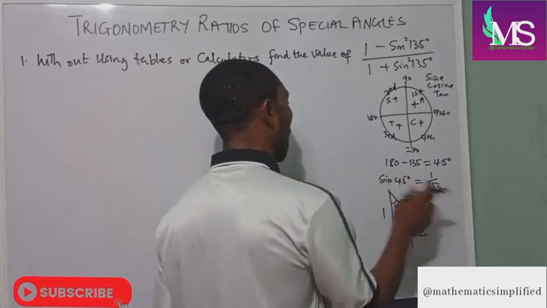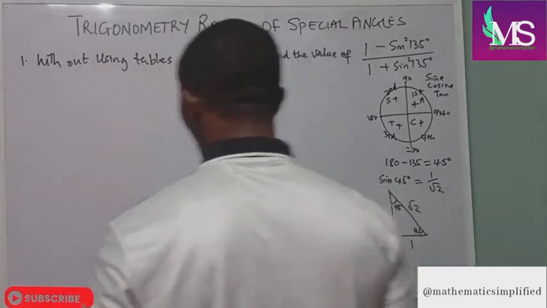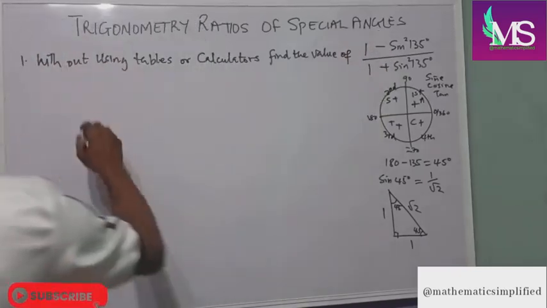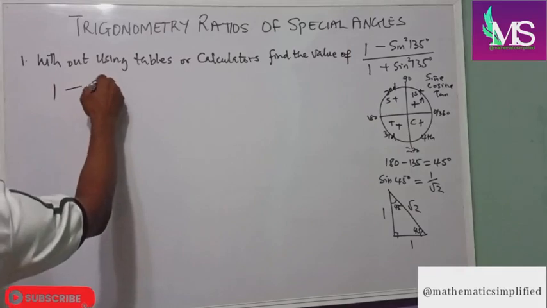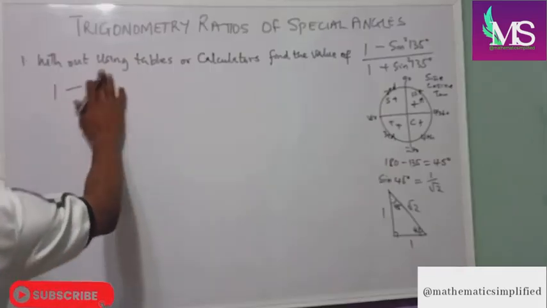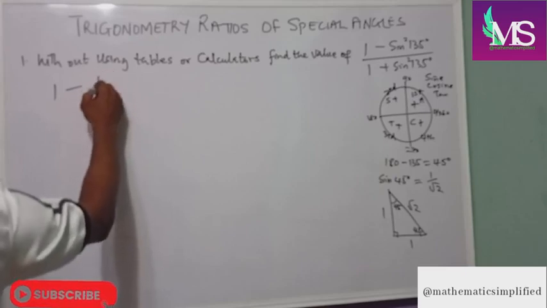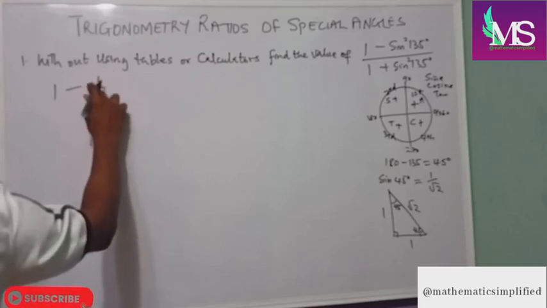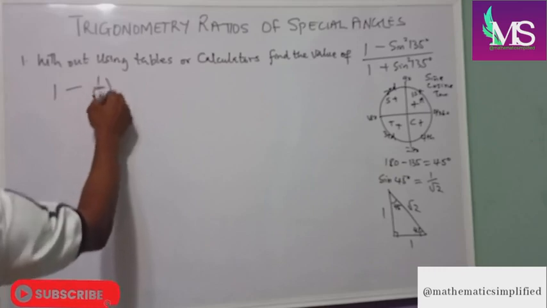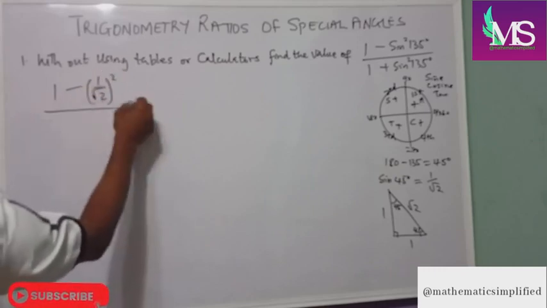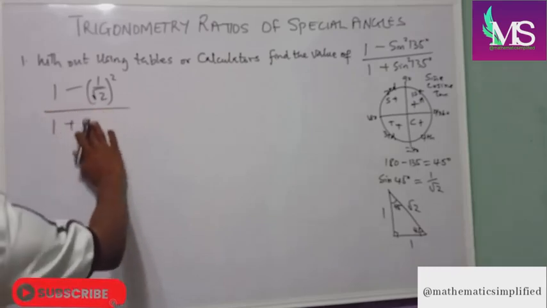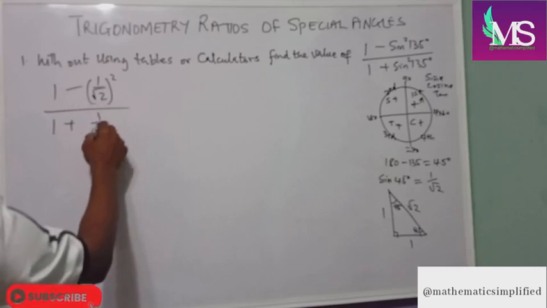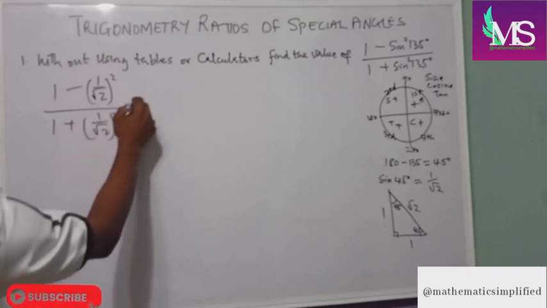Applying this, it becomes 1 minus sine squared, which is 1 over root 2 squared, all over 1 plus 1 over root 2 all squared.